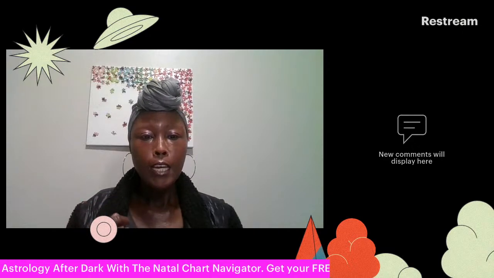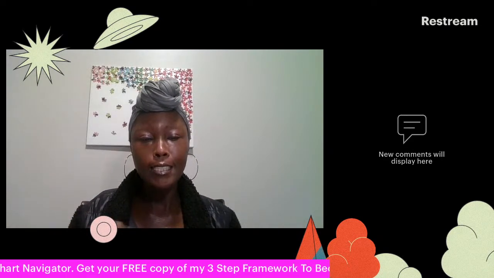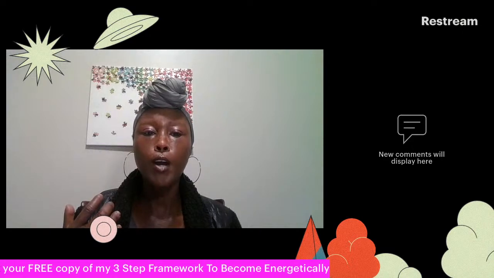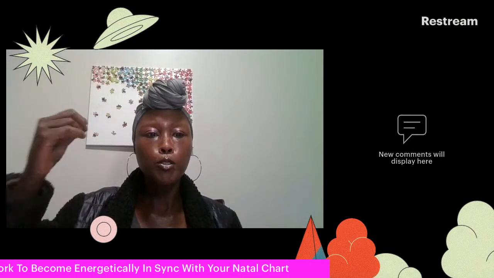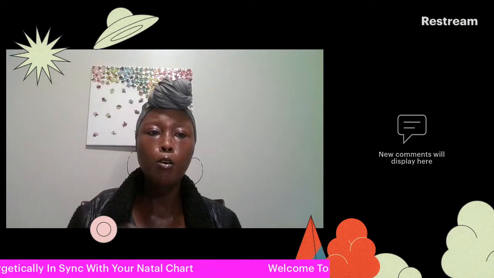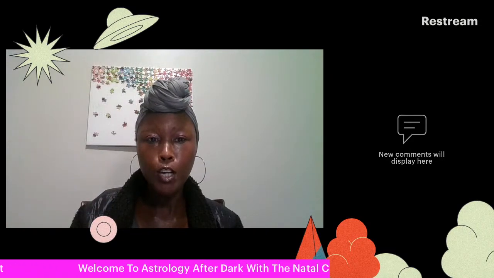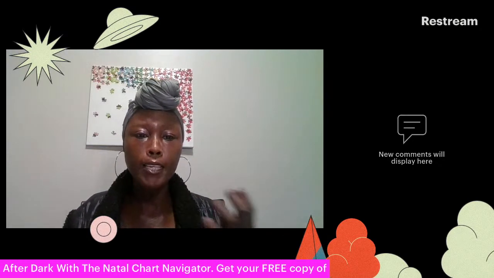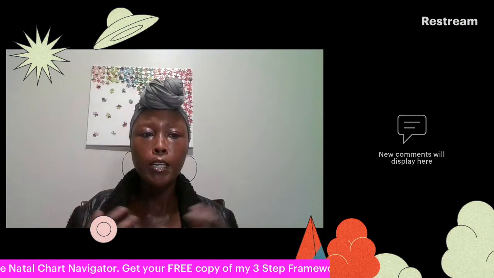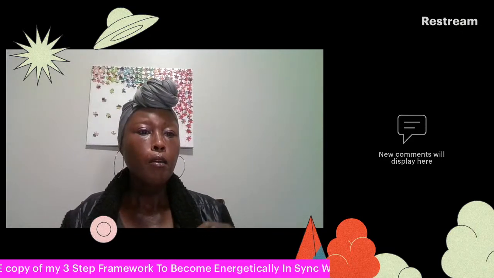Okay. And so we're almost done here with this. Now, I do want to go over some things you can do, some powerful tools in helping you to mitigate the effects of the challenging aspects in your chart. You can get some gemstones, some amethyst, some citrine. Citrine is believed to bring warmth and positivity.